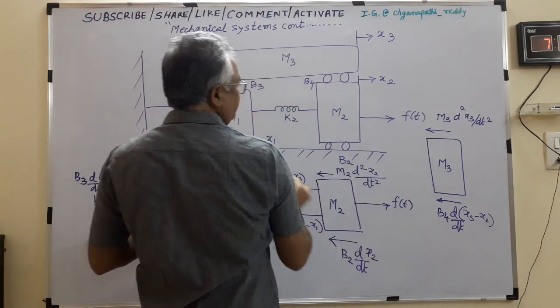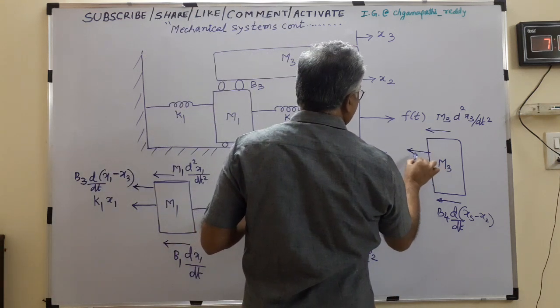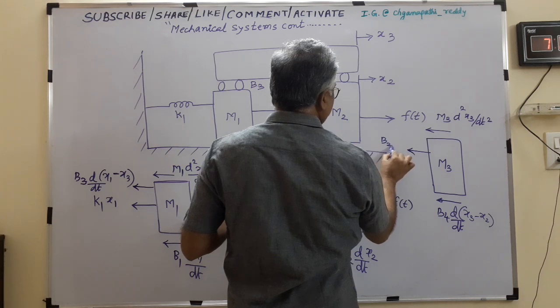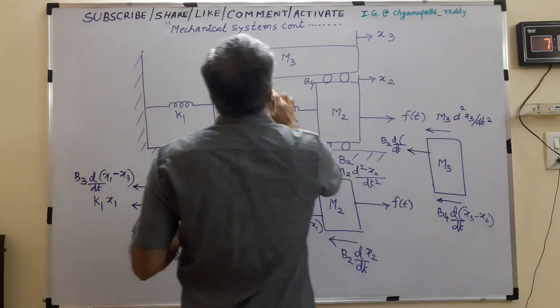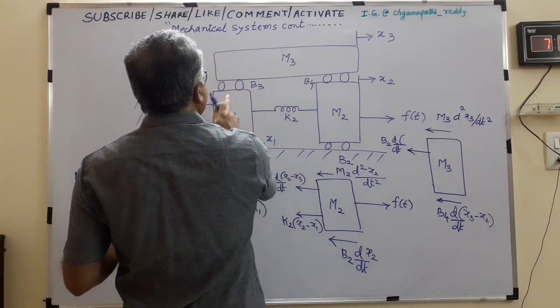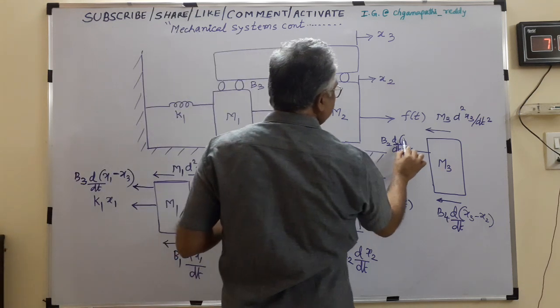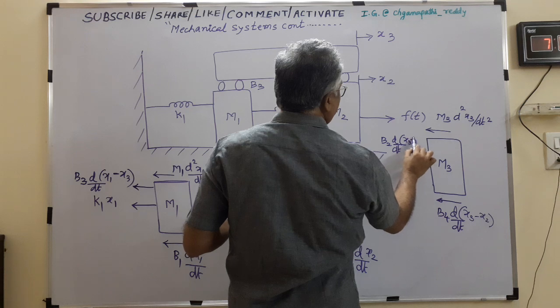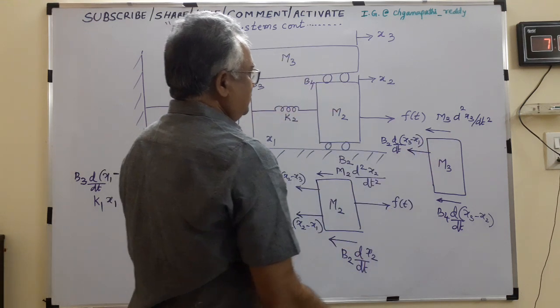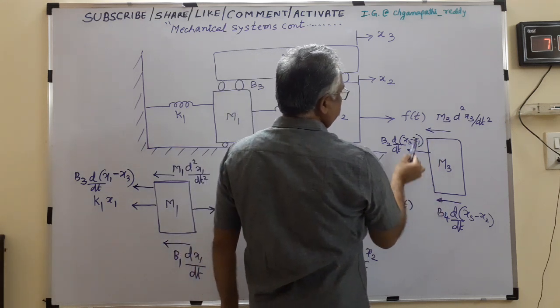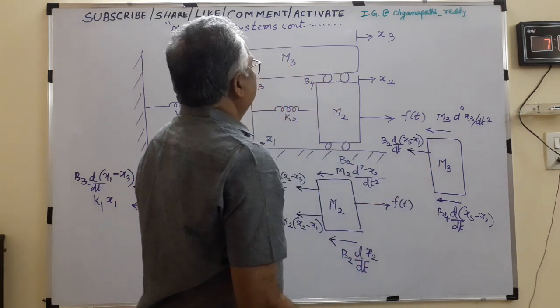Then we have B3 d by dt of, this is moving x3, this is moving x1, x3 minus x1. So here this plus this equal to 0.